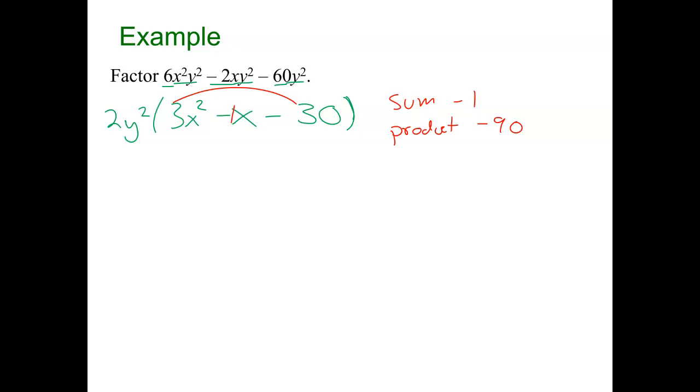Negative 10 and positive 9. So I'm going to take negative 1x and split it to be a 9x and a negative 10x.